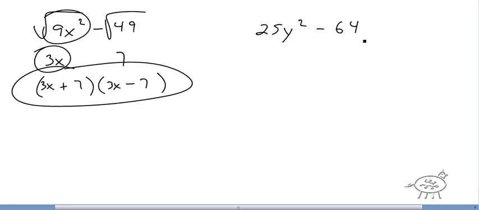There are two terms here, and one of them is negative, one is positive, so I can write out my parentheses. Always put plus minus in there. Just do that right away. And the square root of 25y squared is 5y and 5y. The square root of 64 is 8 and 8. And that's my answer: 5y plus 8, 5y minus 8. Okay, pretty easy.